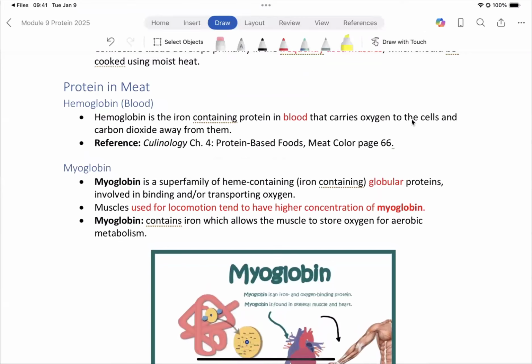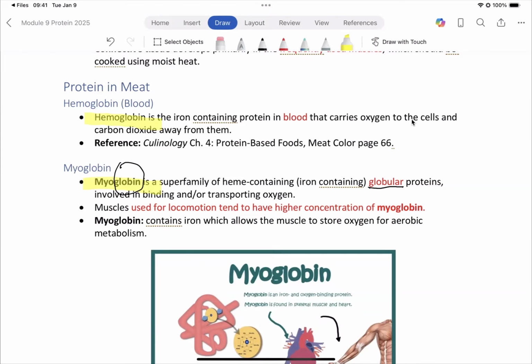So the protein that's in the meat is called myoglobin. And you can get a hint about what this protein's going to look like because it ends in the word globin, which means it's globular. While hemoglobin is the protein that's in your blood. So if they draw blood, they always check the iron content of your hemoglobin, right? So that's the protein that's in your blood.